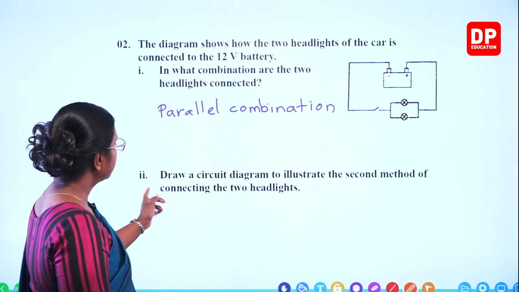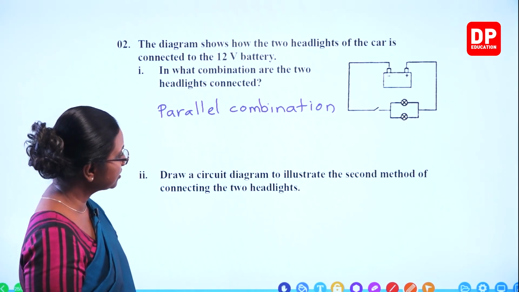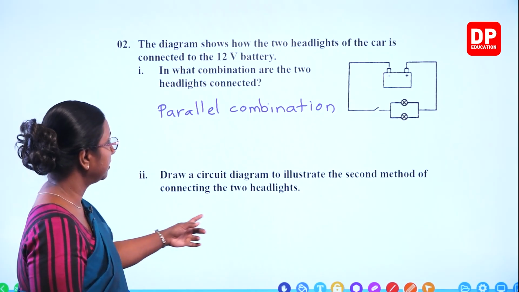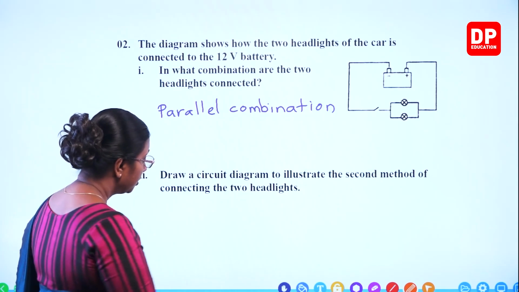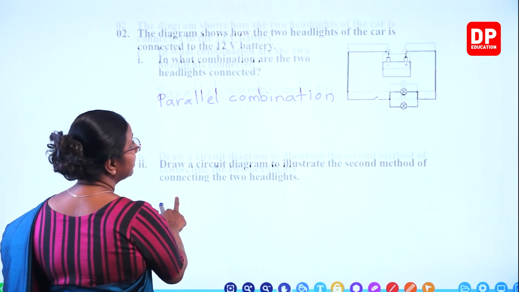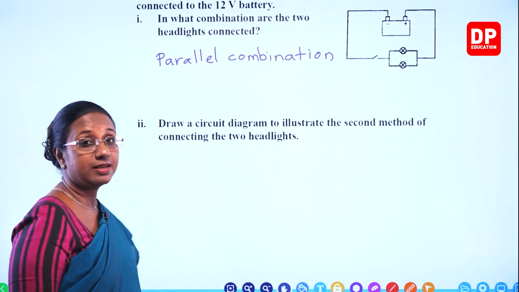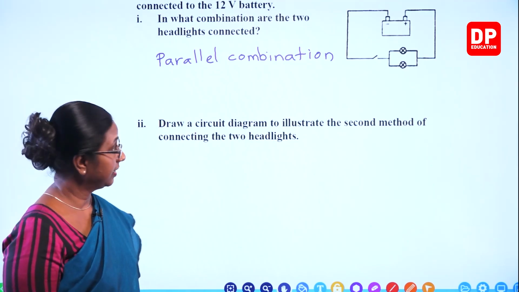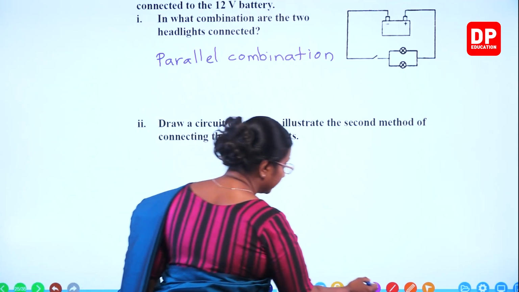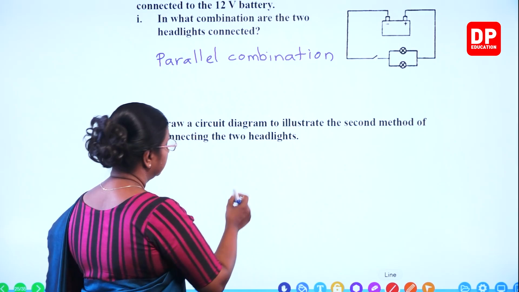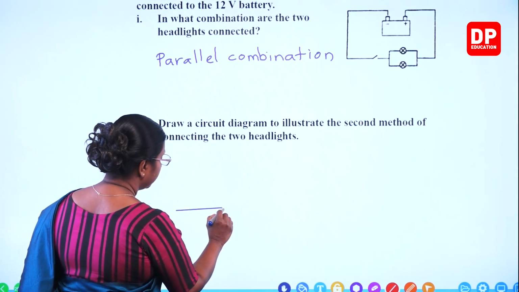Then, draw a circuit diagram to illustrate the second method of connecting the 2 headlights. So, if you are to connect the 2 headlights in the second method, what is the second method? Series connection. How do you do that?